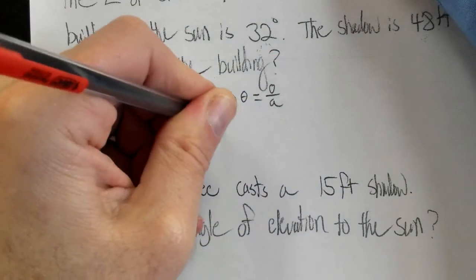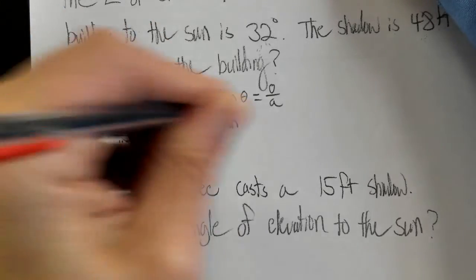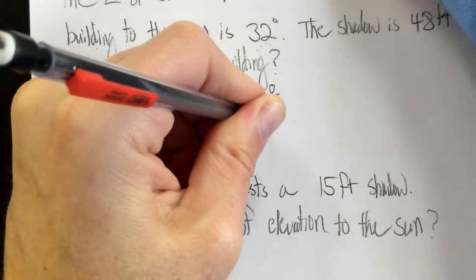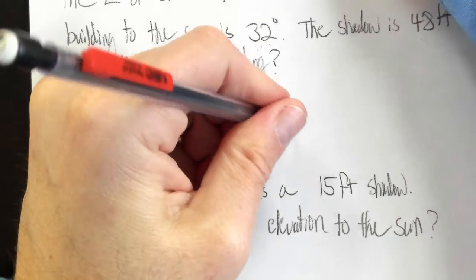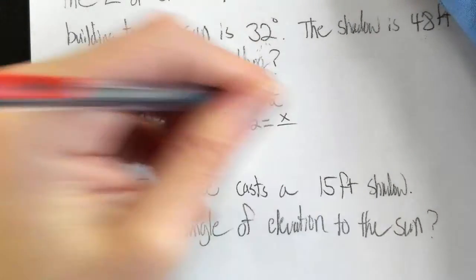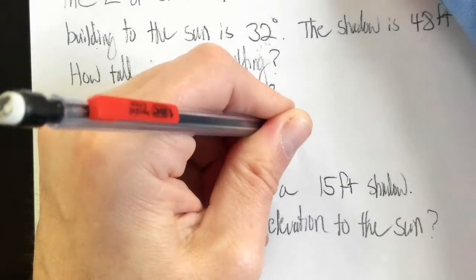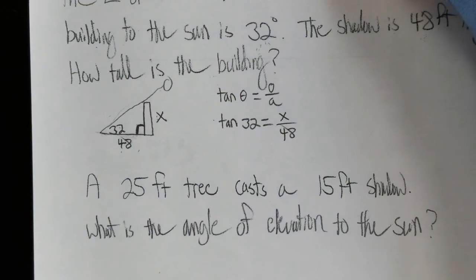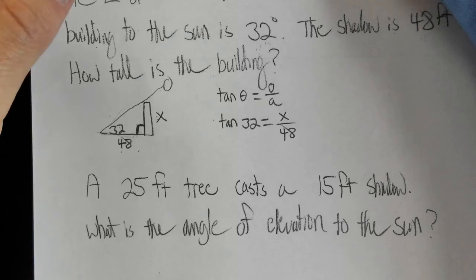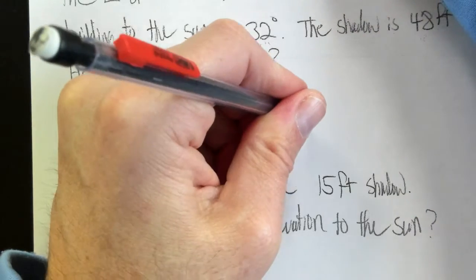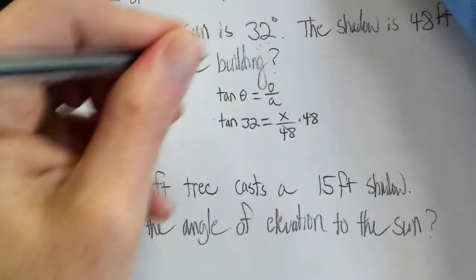When I plug in, I'll have the tangent of 32 degrees. My angle's 32. What's the opposite side? X. What's the adjacent side? Not 42, 48. Now I've got my equation and I can solve for x. How do I do it? Multiply both sides by 48.